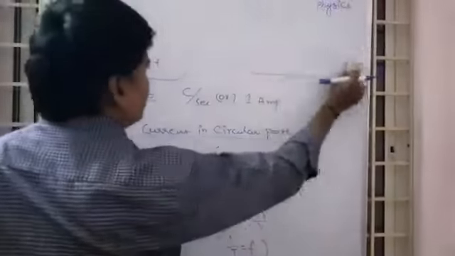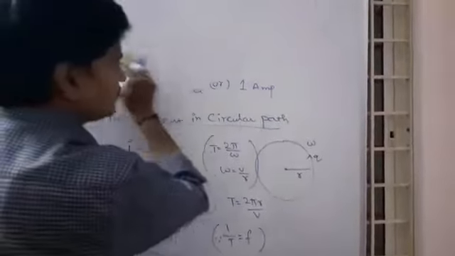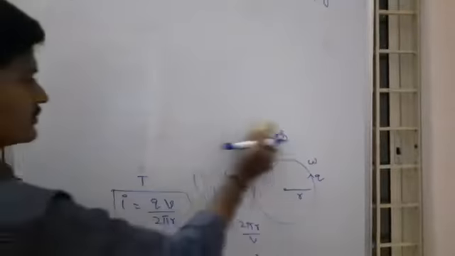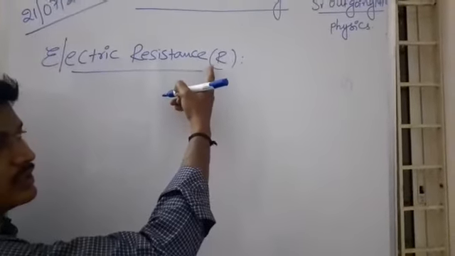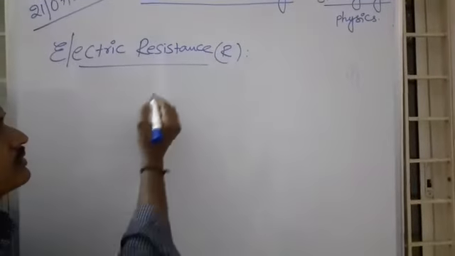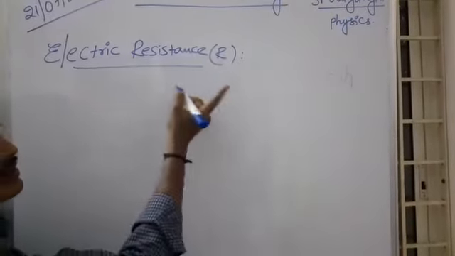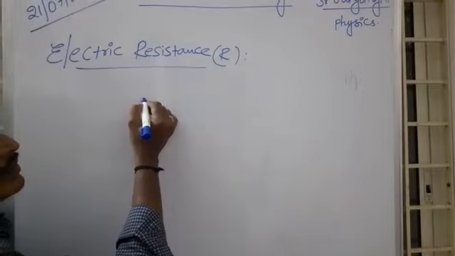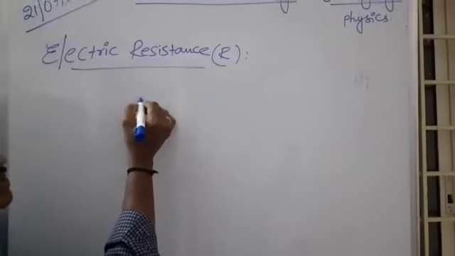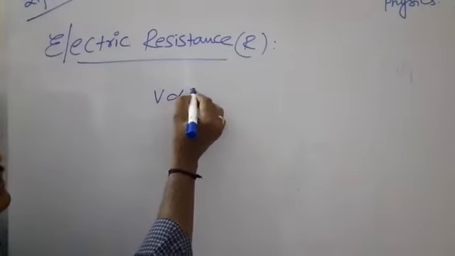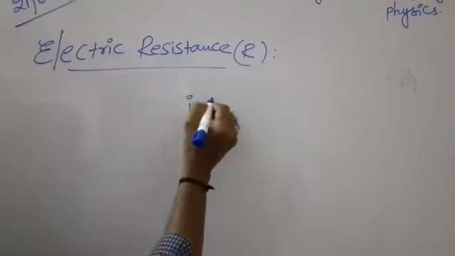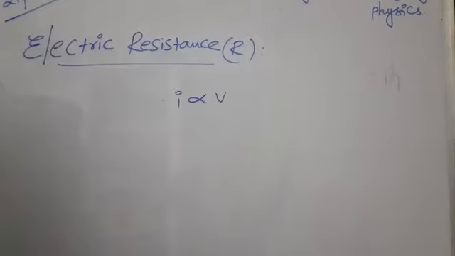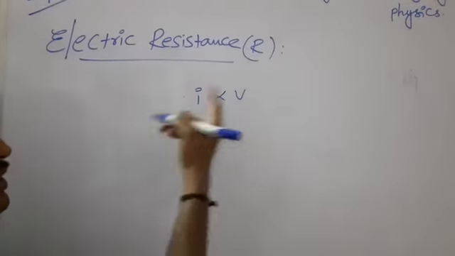Next, electrical resistance. Opposition to the current through the conductor is called electrical resistance. According to Ohm's law, the potential difference across the conductor is directly proportional to the strength of the current, or the current is directly proportional to the potential difference applied across the conductor.